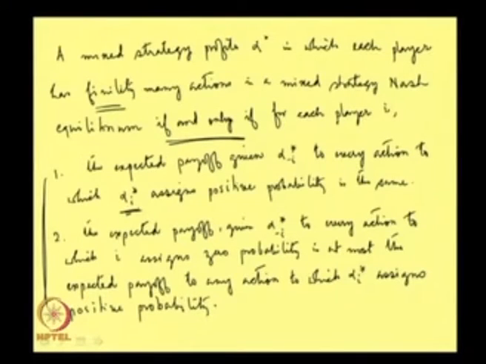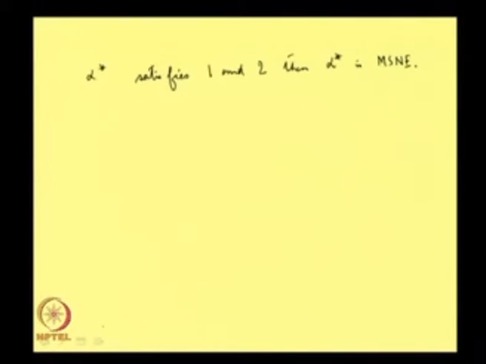Now, if that is true, then any weighted average of these expected payoffs to the actions to which alpha I star assigns positive probability is going to be the same as the expected payoff from each of the actions.